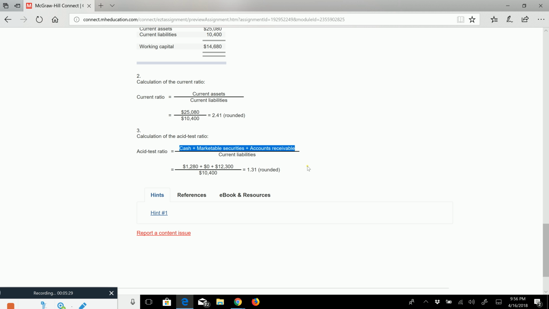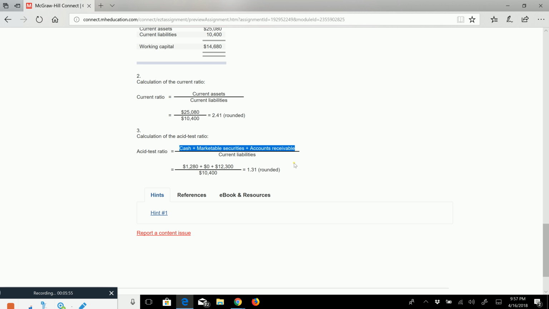It ignores other current assets like inventory, like prepaid expenses, and the like. Even though they're current assets, they're not easily, or I should say quickly liquidatable. So we use these assets here as the quick assets, acid test ratio.